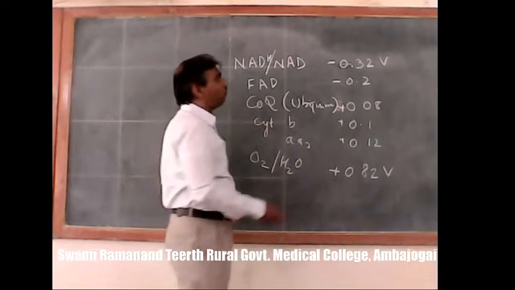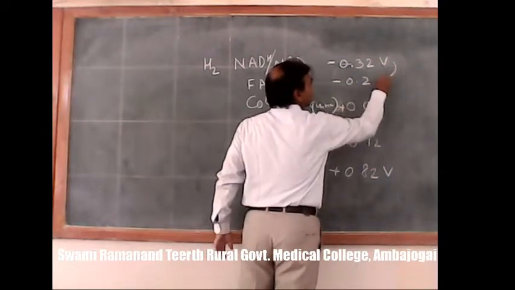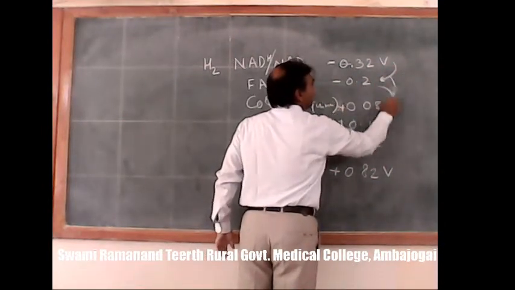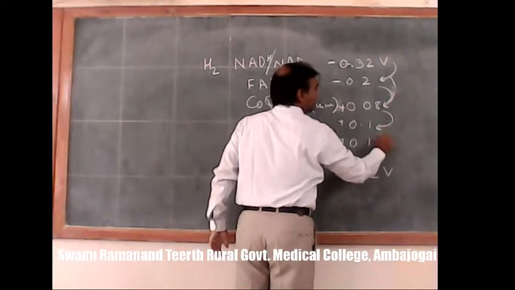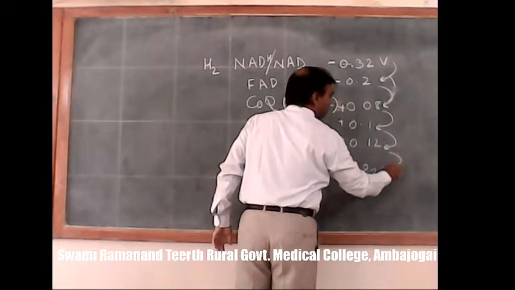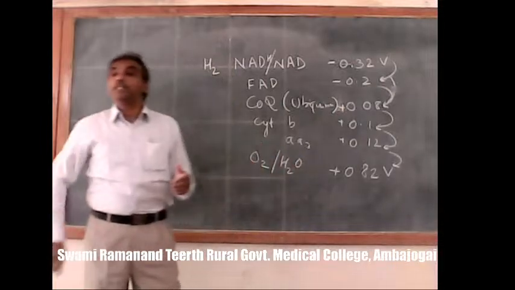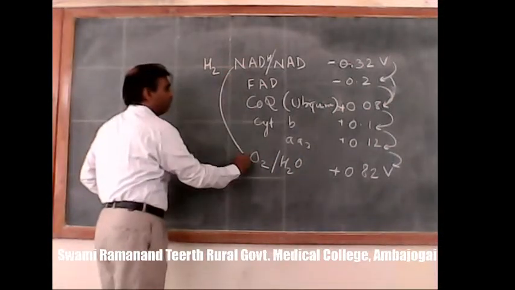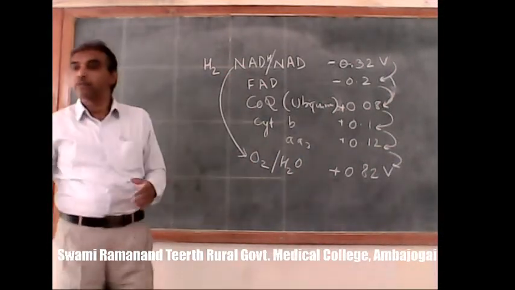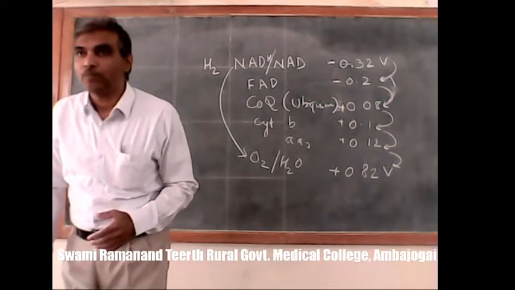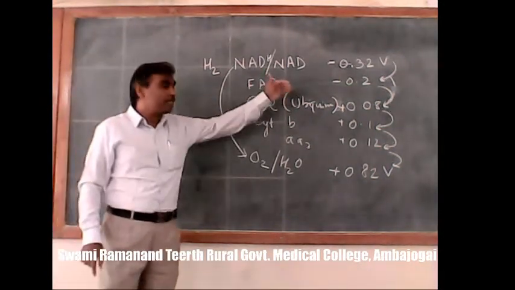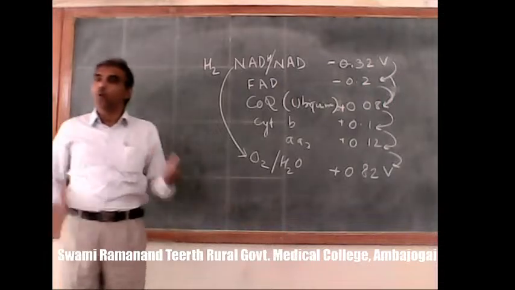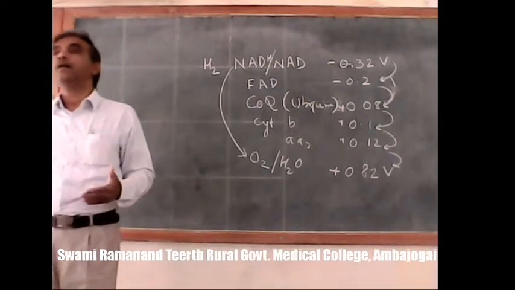So electrons flow like this. There is no direct transfer of electrons. You can see that it is stepwise, one after another.